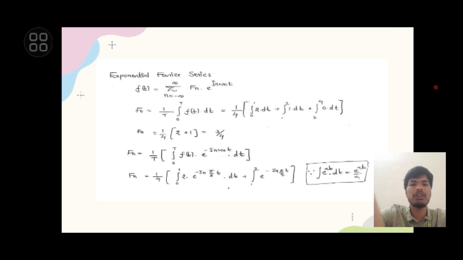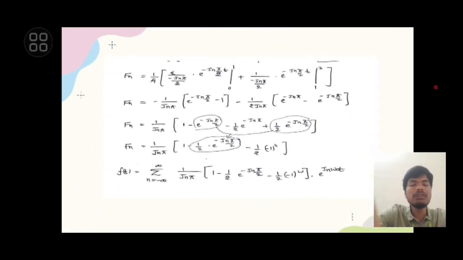Similarly, F n equals 1 by T into integral 0 to T f of t into e power minus j n omega naught t dt. F n equals 1 by 4 into integral 0 to 1 of 2 into e power minus j n pi by 2 t dt plus integral 1 to 2 of e power minus j n pi by 2 t dt. Here we will use the formula integral of e power a t dt equals e power a t by a.